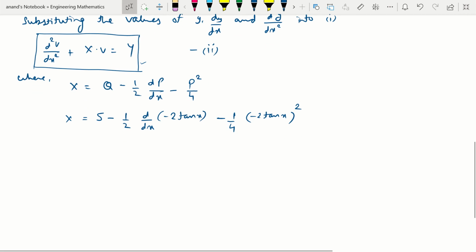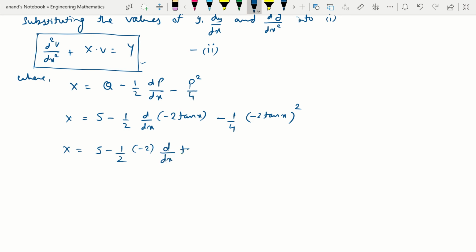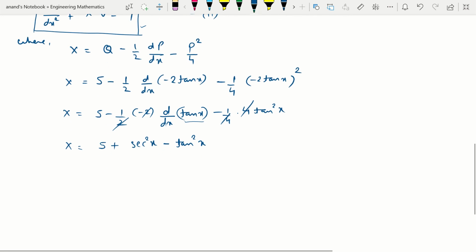So we get the value of x as 5 minus 1 by 2 into minus 2 d by dx of tan x minus 1 by 4 into 4 times tan square x. So here we get x equals 5 plus, minus minus becomes plus, and differentiation of tan x is sec square x, minus tan square x. We know from the basic trigonometric identity that sec square x minus tan square x is equal to 1.